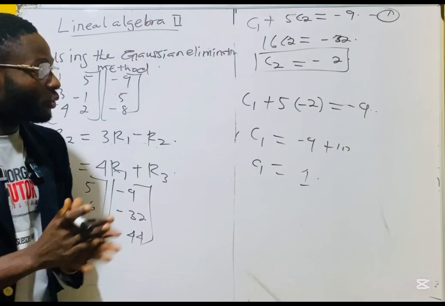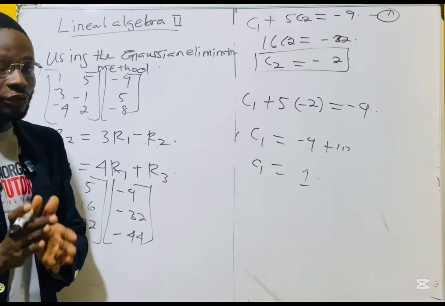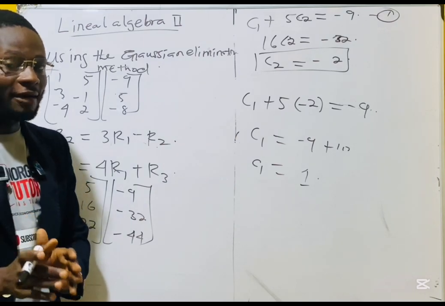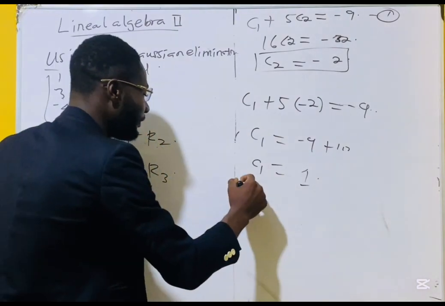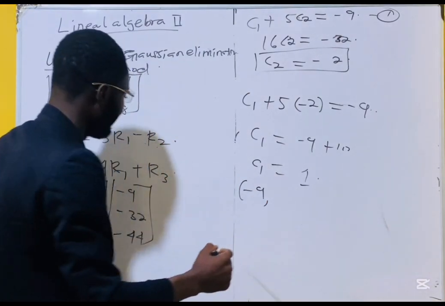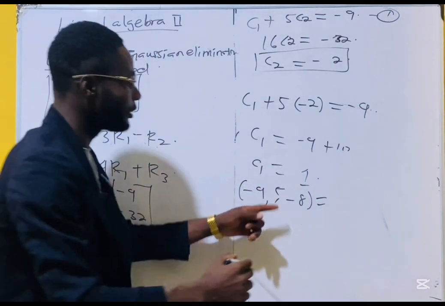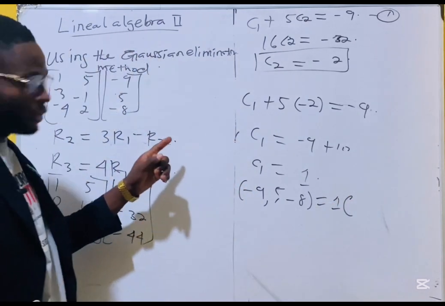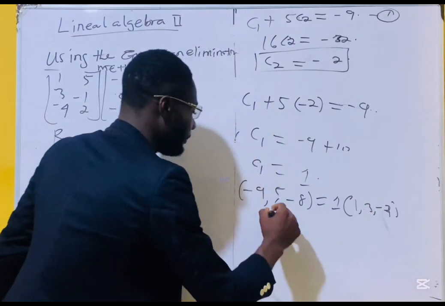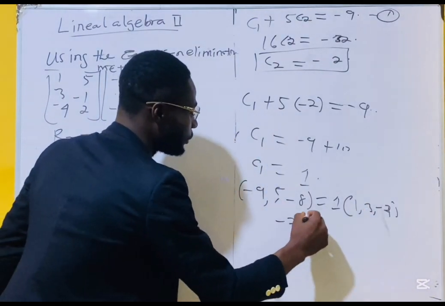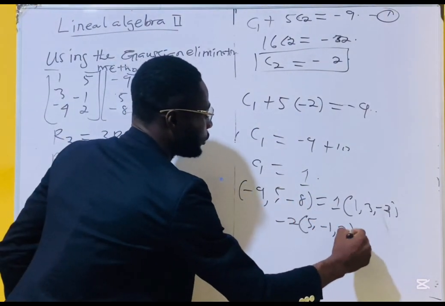So what we have to do is to multiply these scalars by U, then the second one, which is C2, by W, to see if the sum will give us V. So we say that V, which is negative 9, 5, and negative 8, should be equal to C1, which is 1, times the U. The U was 1, 3, 4, plus C2, which is negative 2, times the W, which is 5, 1, and 2, right?